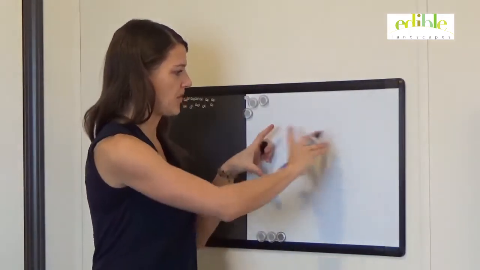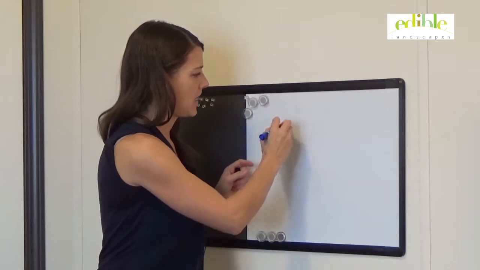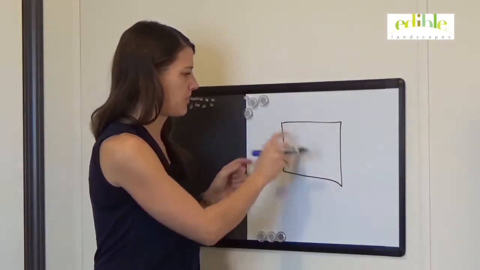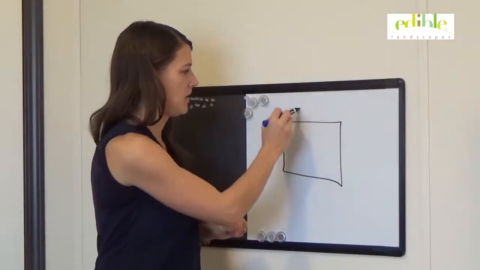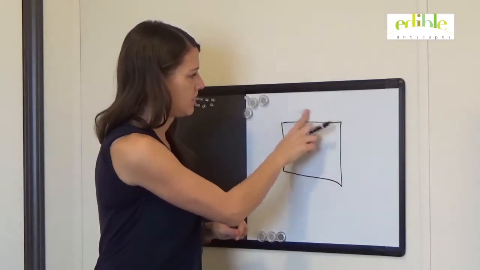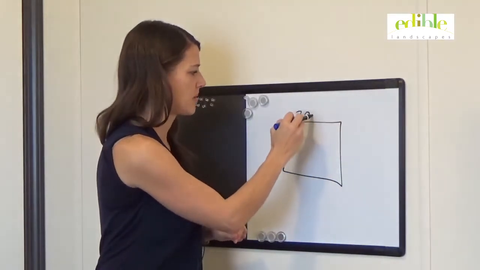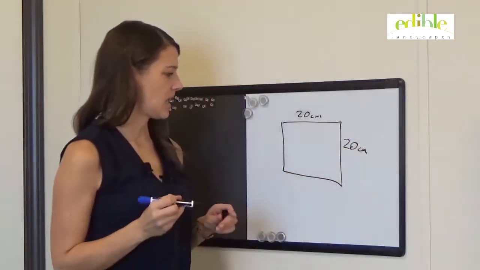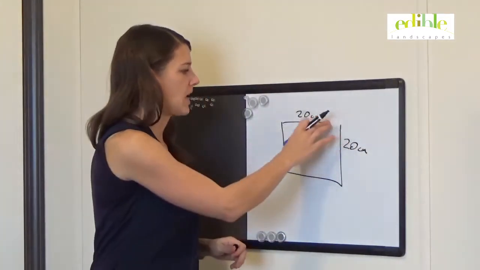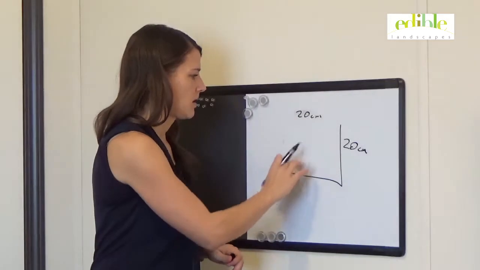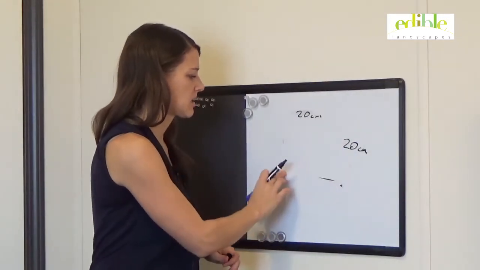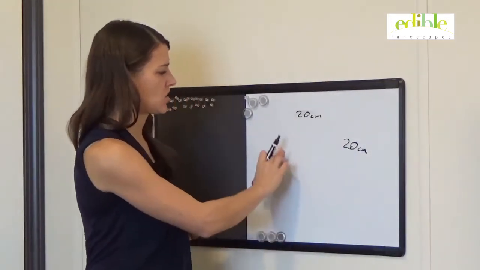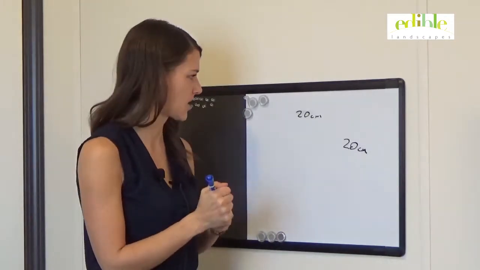So for example, even on this whiteboard, we have an area in the middle of this board that's maybe 20 centimeters by 20 centimeters. And if we remove that edge, the area still exists. It's just not very defined, and it's hard to actually see.